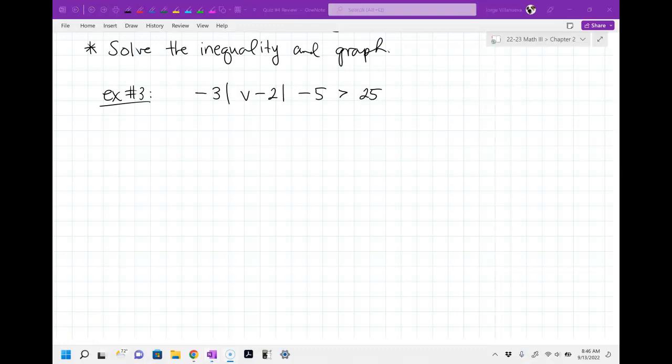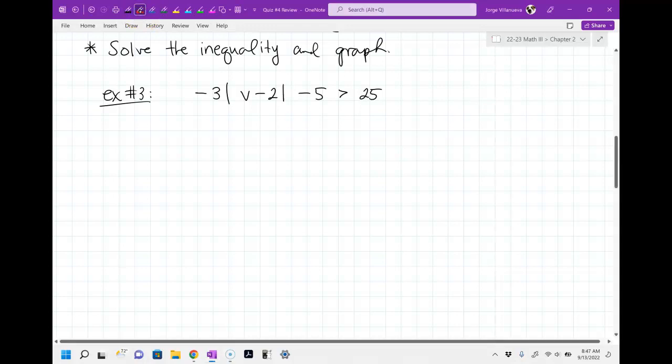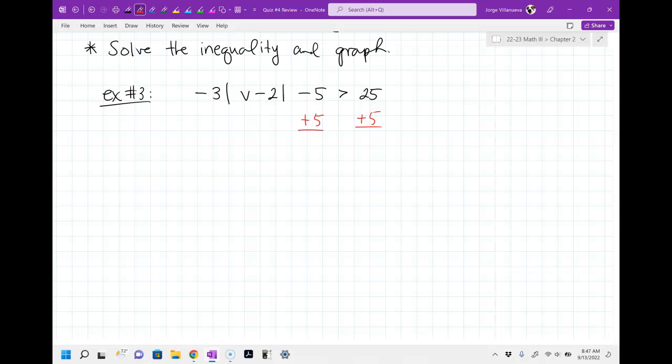All right. So to solve this, I have to get rid of all the stuff around the absolute value. So let me go ahead and add the 5 first. Again, I'm just adding to both sides, so no need to switch signs. That gives me -3 times the absolute value of v minus 2 greater than 30.